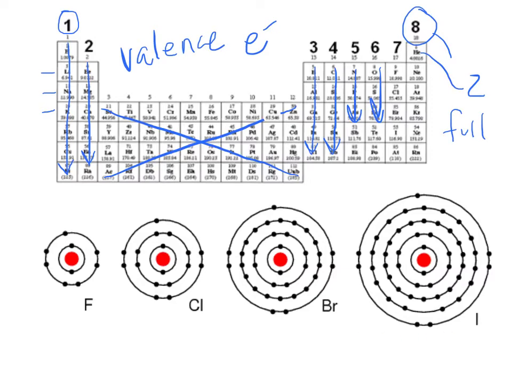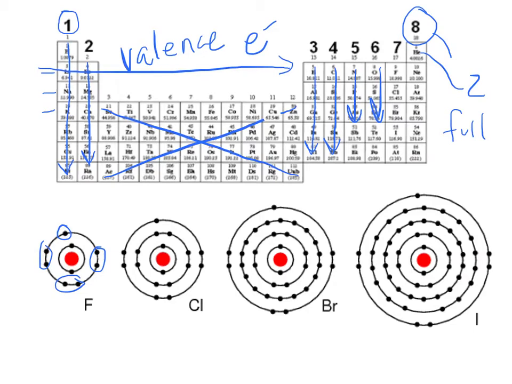So you can see in fluorine, this is family 17, so there's 7 valence electrons. So we can count them out. In fluorine, there's 2, 4, 6, 7 electrons in the outer shell. And remember, it's in period 2, so it only has 2 energy levels, and you can see there's 2 in the first, and then that outer energy level has 7.